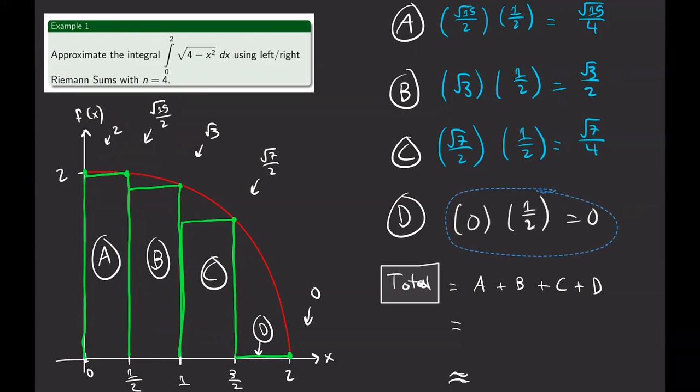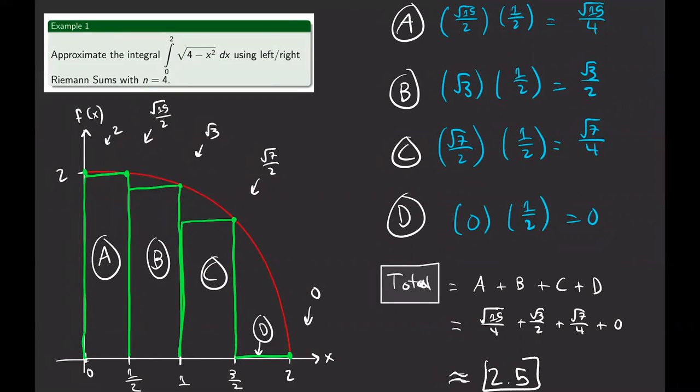Now let's change the color here to make that match. D we already talked about. I add all these up: √15/4, √3/2, √7/4, and 0. And if I actually work all that out, I get about 2.5, roughly.